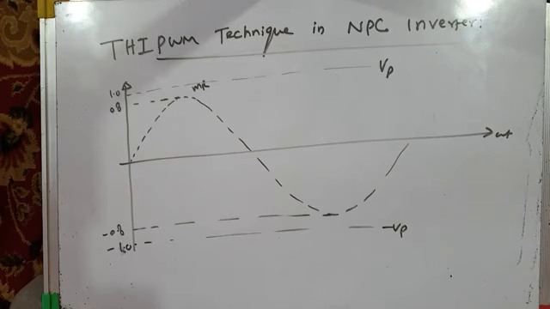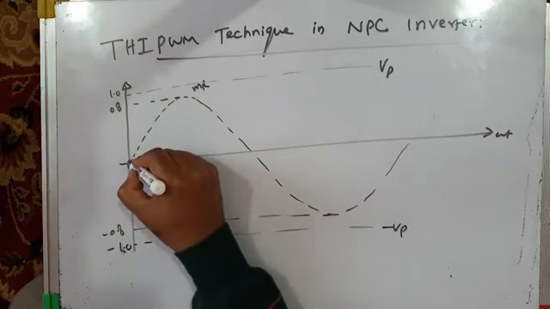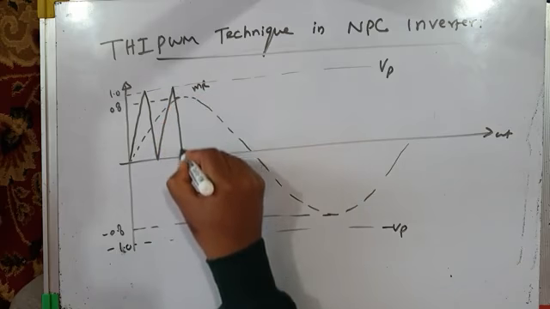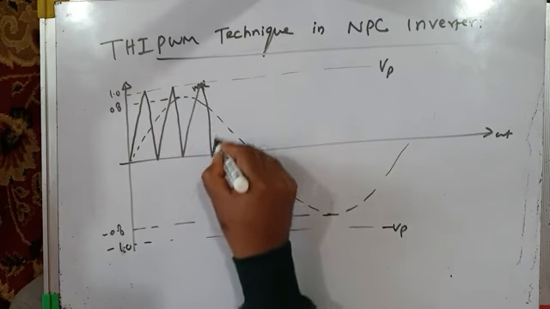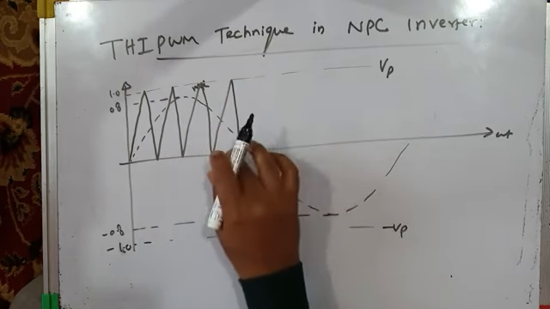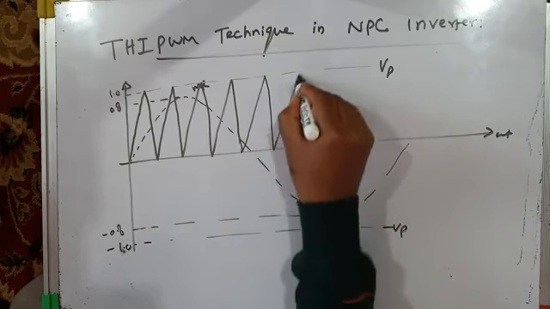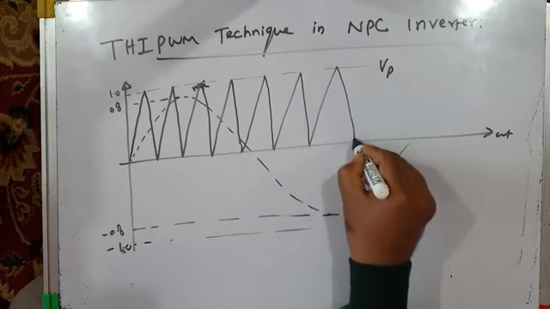And we will take in phase. Just few moments back we have come to the conclusion that in phase level shifted carriers give better harmonic spectrum than out of phase level shifted carriers. So let us take in phase level shifted carriers, 1, 2, 3, 4, and 1, 2, 3, 4.